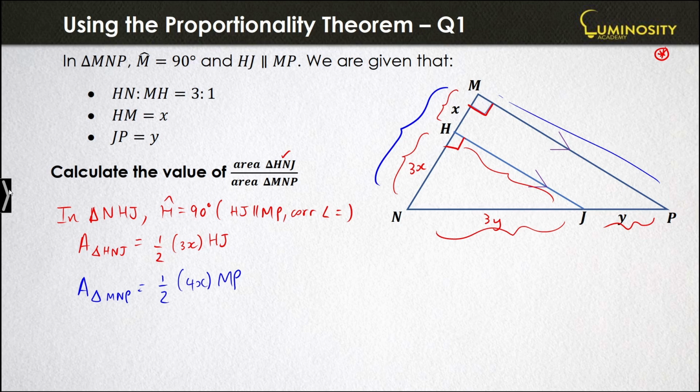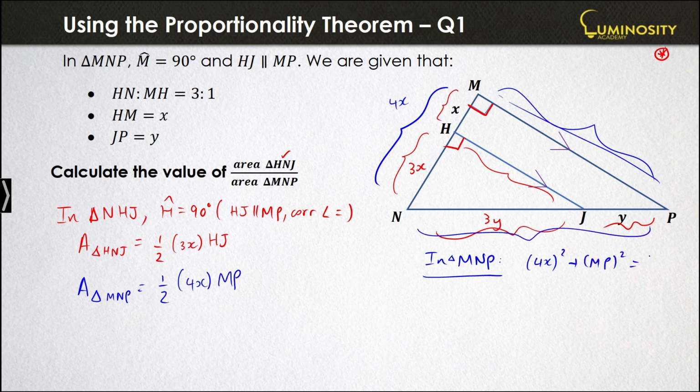So we need to work out what those perpendicular heights are, and then we can consider the ratios between them. In triangle MNP, we have this side 4x, so 4x squared plus this side here, MP, which is what we're looking for, MP squared, equals the hypotenuse squared, which is 3y plus y, which is 4y, all squared.